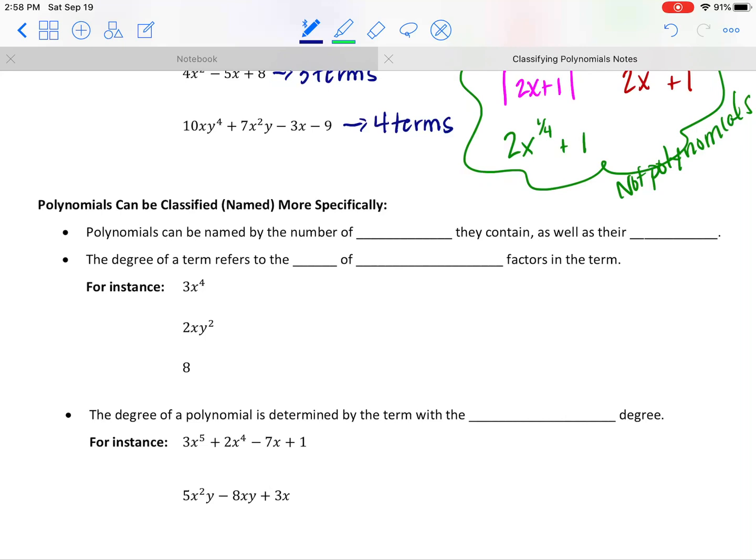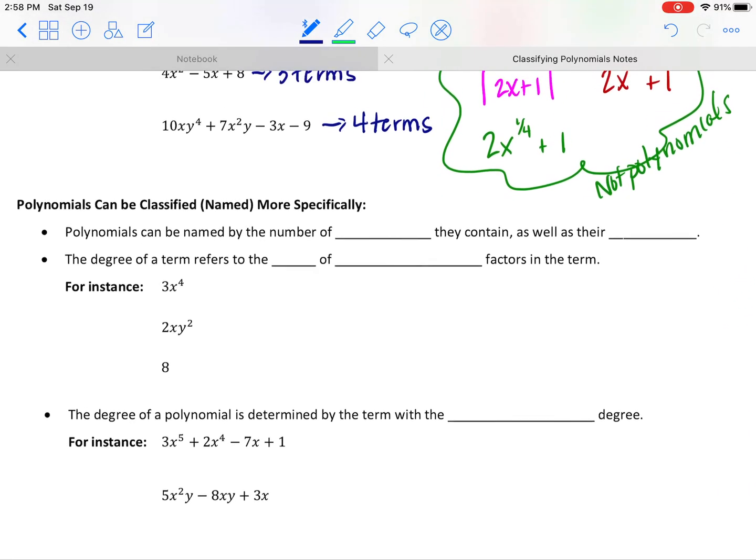Polynomials can be classified, which is named more specifically, based on two things. They can be named by the number of terms that they contain, and they can also be named by their degree, which may be a new concept for you. The degree of a term is going to refer to the number of variable factors in that term. And that sounds fancy, but factors are like multipliers.